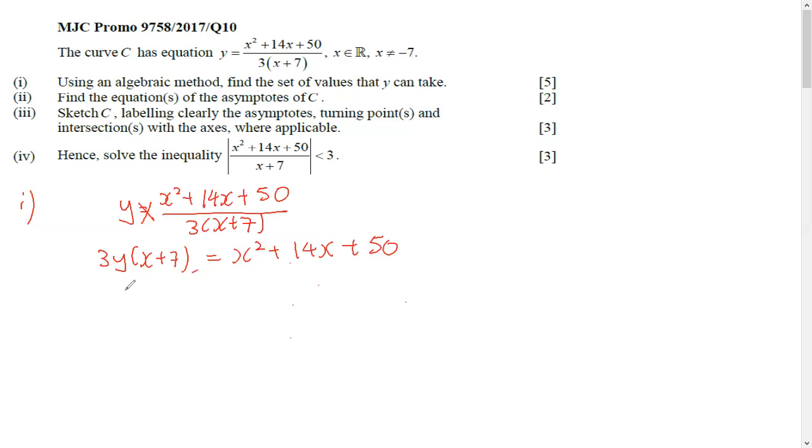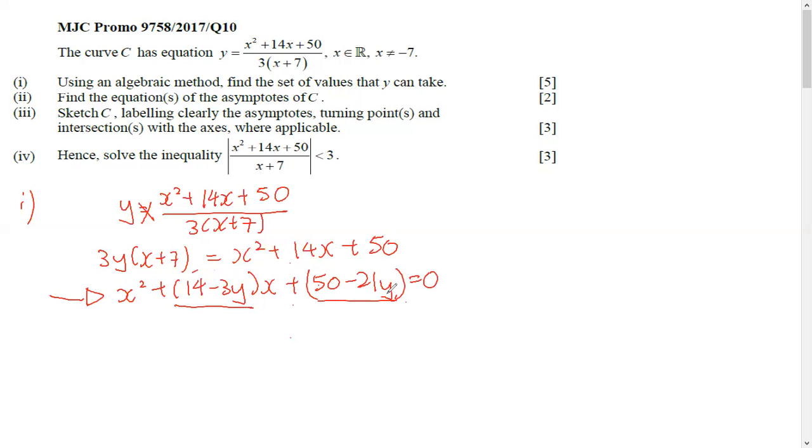So this will be x squared plus (14 minus 3y)x plus (50 minus 21y). If you take a closer look at how I write this equation, this quadratic is in terms of x. So x itself is considered the variable, and I placed all my y in the coefficients.